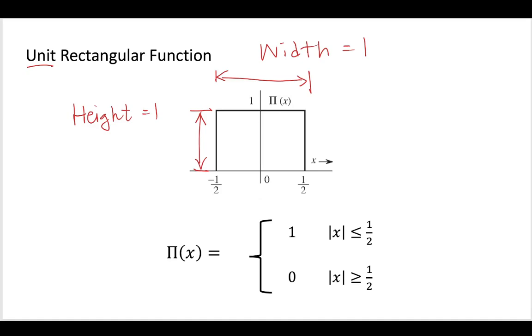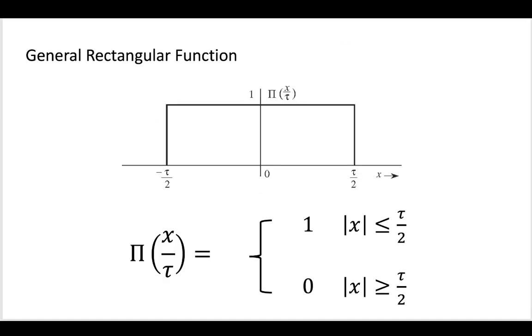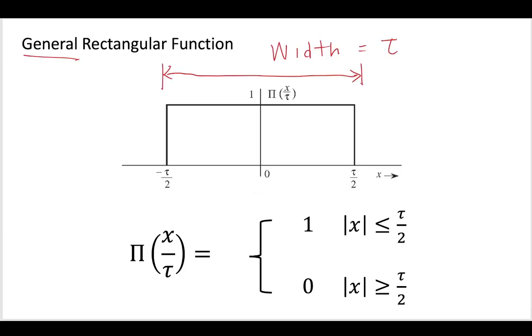However, this function can be generalized like this to a general rectangular function, which is defined this way. The general rectangular function has a width, which we're calling tau in our nomenclature. And so you can generalize this rectangular function to have any width tau, making these corresponding changes in your function definition.